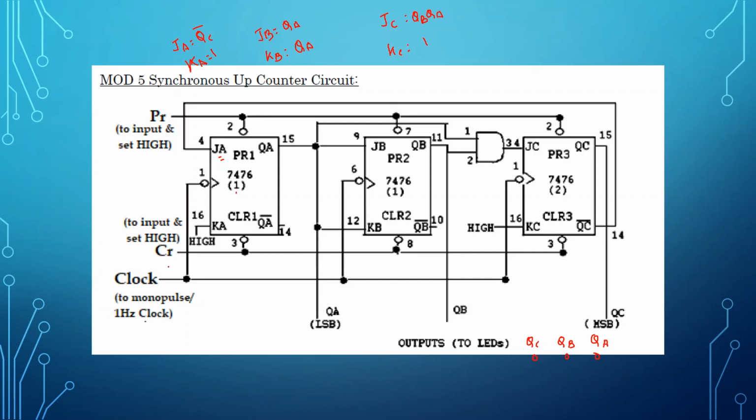Again, you give the next clock input, it will show 0, 0, 1. One more clock input, it will show 0, 1, 0. And it will go up to 1, 0, 0. After 1, 0, 0, if you give one more clock input, it will get back to 0, 0, 0, and it will repeat the entire process.